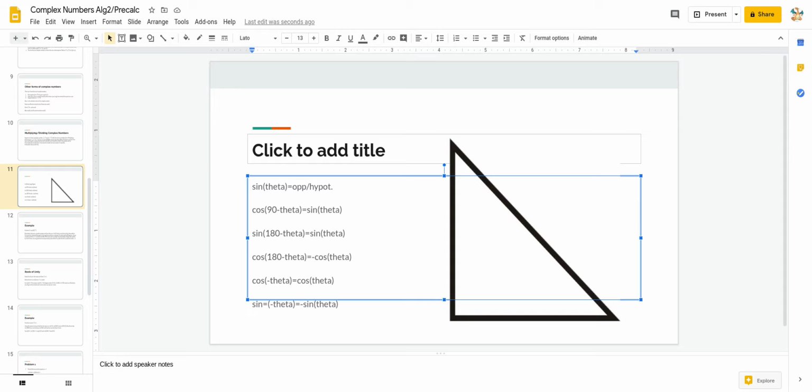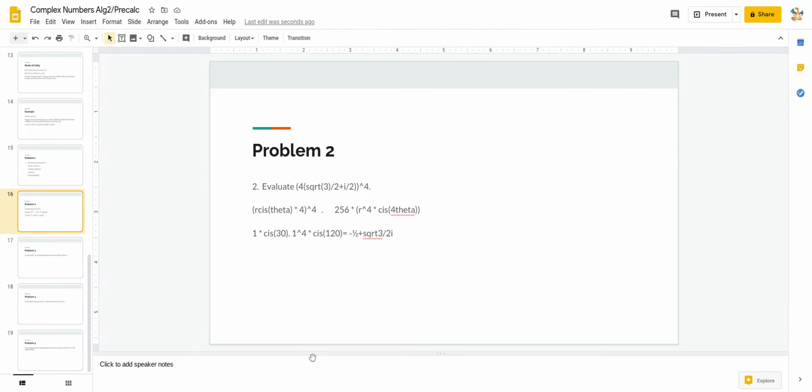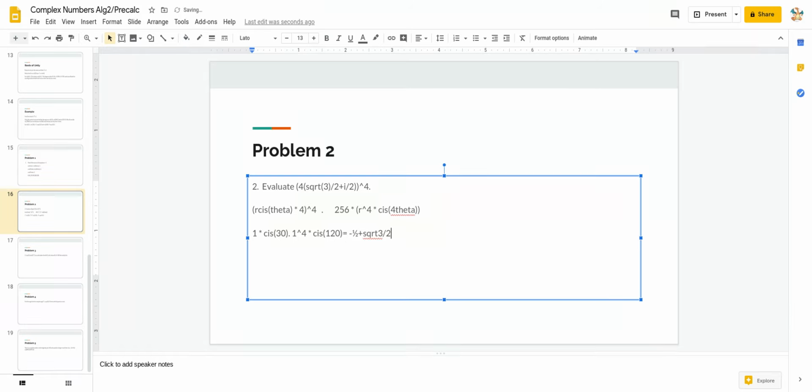Yeah, I just wrote down those trig tricks because I'm talking about those in this question right here. Kind of how cis 120 is equal to cosine 120 plus i sine 120. If you use cosine of 180 minus theta, you know that's negative cosine theta.